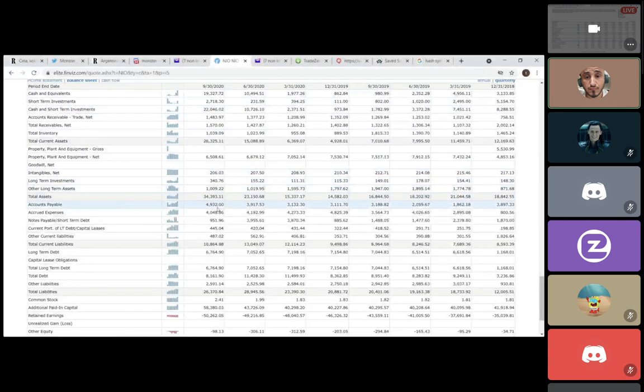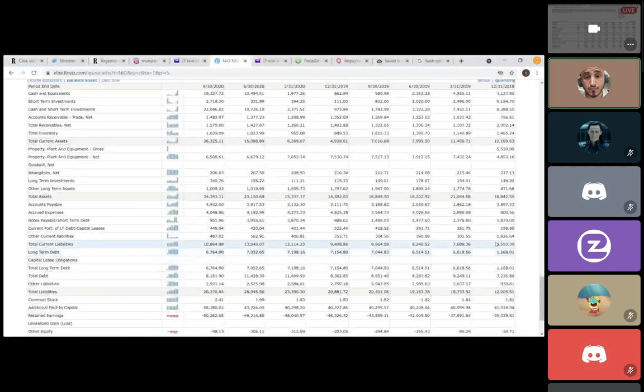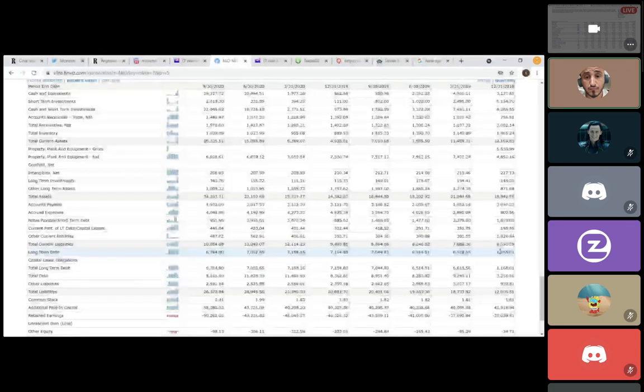Down here, you will start to see the liabilities. You will see short-term debts and long-term debts. Over here, you will see the long-term debts as well. So this company, in 2018, had these debts, and then they grew big time, to around 7 billion, and now they're still steady.